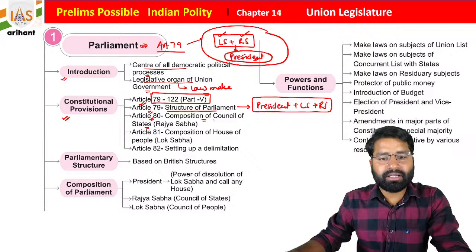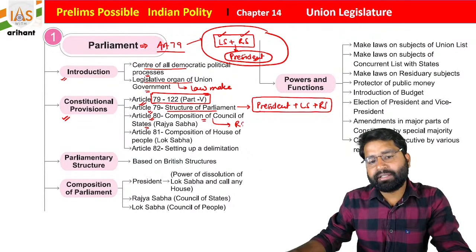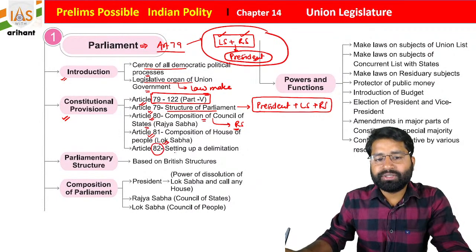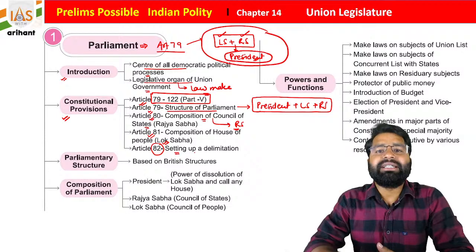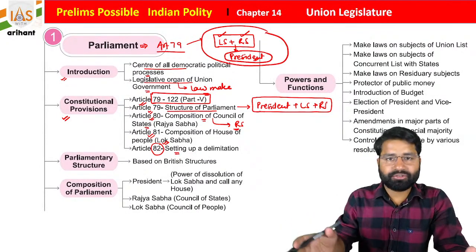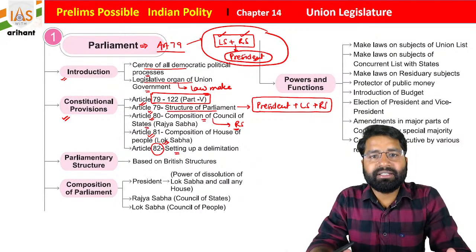Article 80 is about the Rajya Sabha, and Article 81 is for the Lok Sabha, and Article 82 is about setting up a delimitation. This is another important thing that is going to create the constituencies.